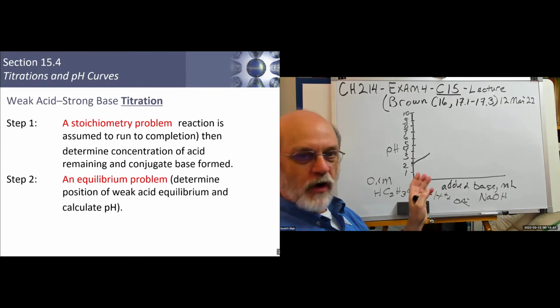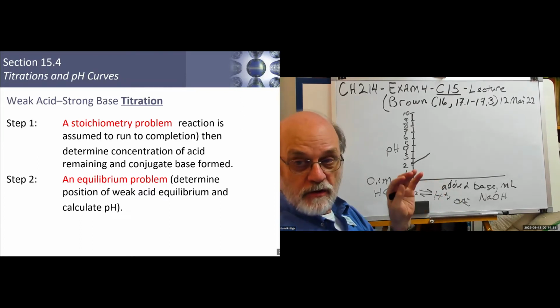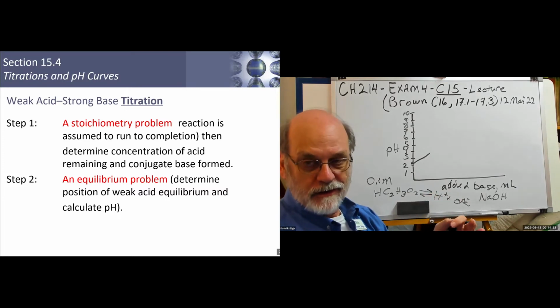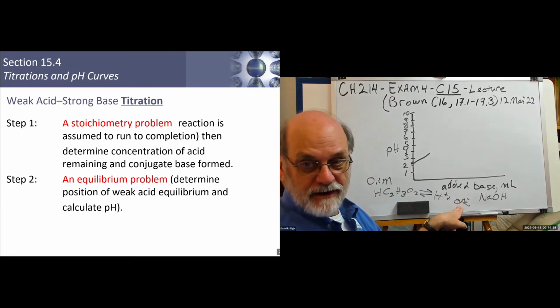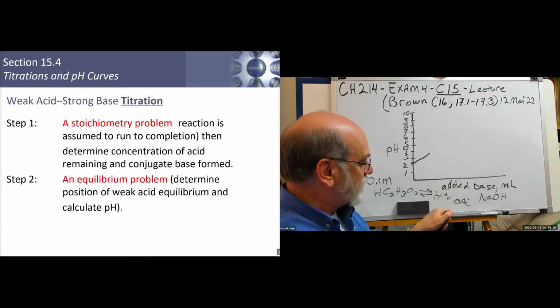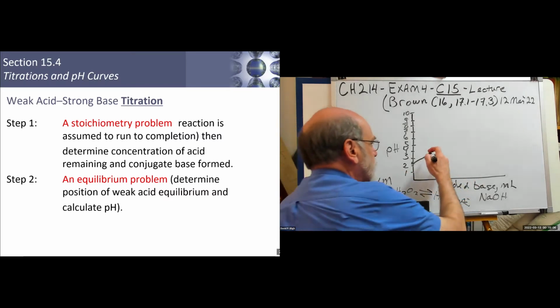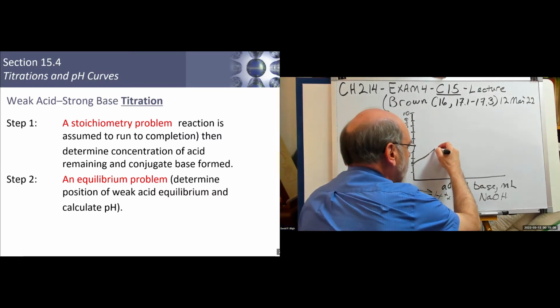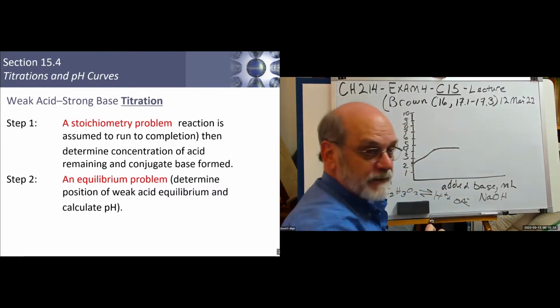Once you reach a certain amount of this and that, you're producing a buffer, because now you have some of this that can react to the addition of, in this scenario, base. And you'll eventually get to a point where it'll go like that, and it'll flatten out like that.